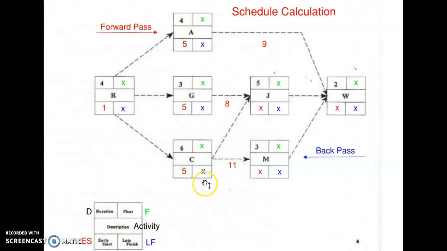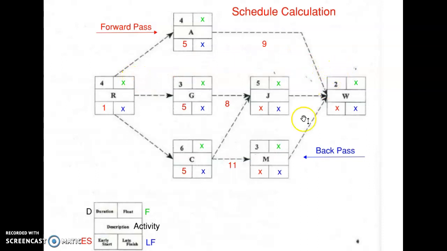So what happens here is that W can't begin until A, J, and M are complete. So I'm going to hold off on this 9 right here. But I do have G, both G and C converge on J. And so on the forward pass, which is what we're doing here, we're working from left to right.